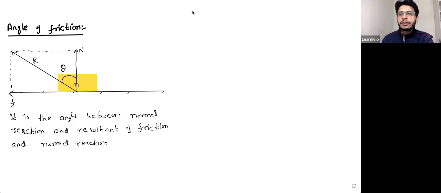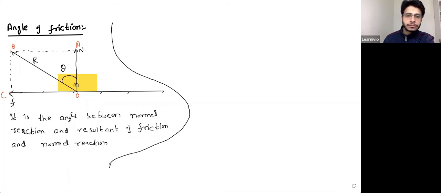Now, if I name this triangle, I say this is point O, this is point A, this is B, and this is C. In this triangle, we can calculate tan theta. This is perpendicular over base, which means this is AB over AO.